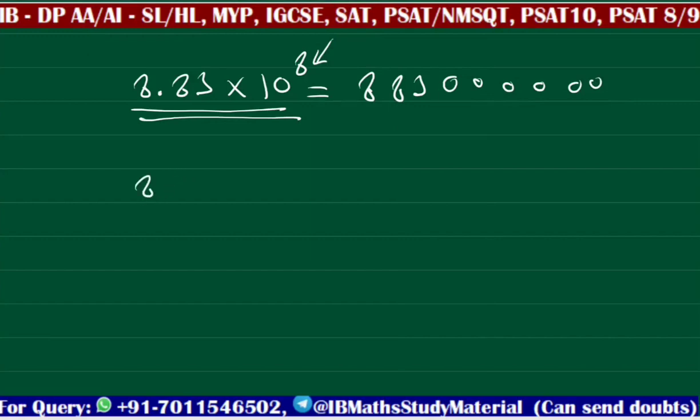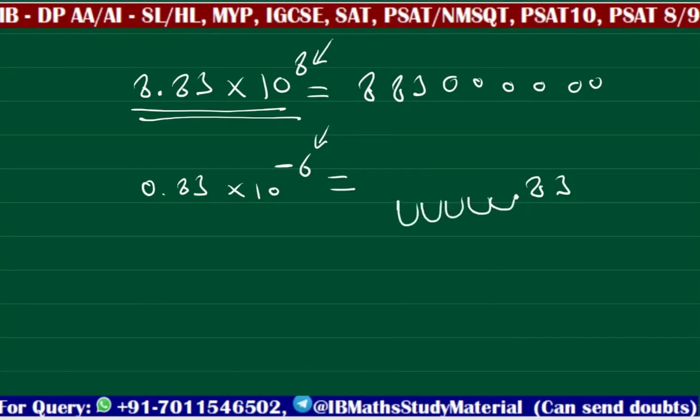We'll do one more question: 0.83 multiplied by 10 raised to the power, let's suppose, minus 6. In this case, the power is negative, so we have to shift the decimal to the left, 6 places. Right now my decimal is here, so I shift 6 units: 1, 2, 3, 4, 5, 6.